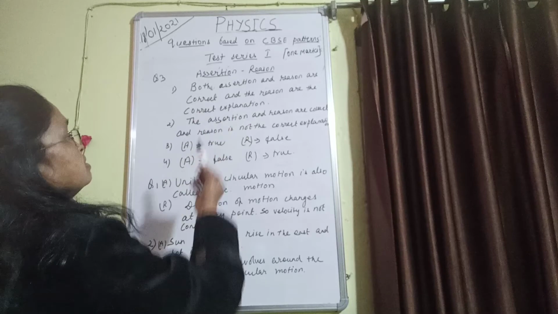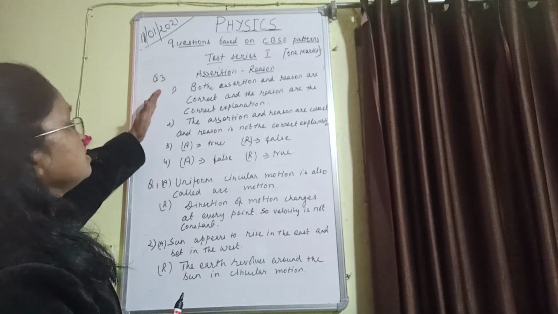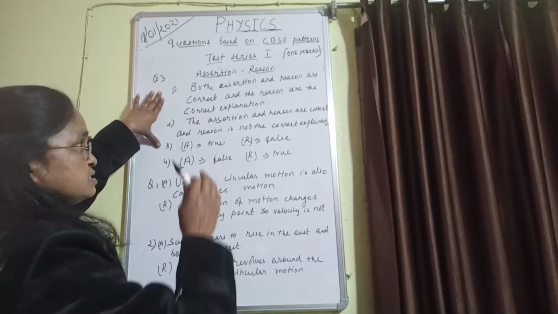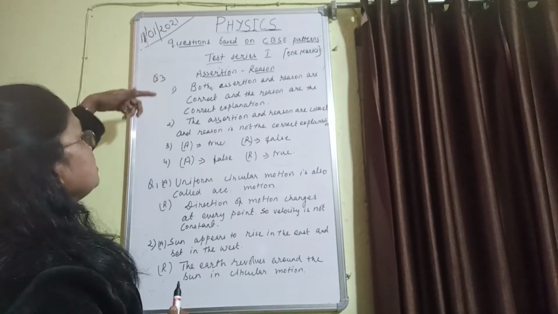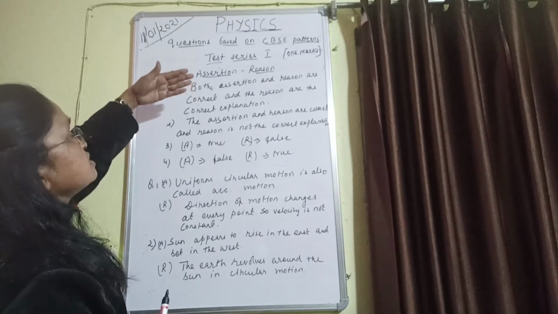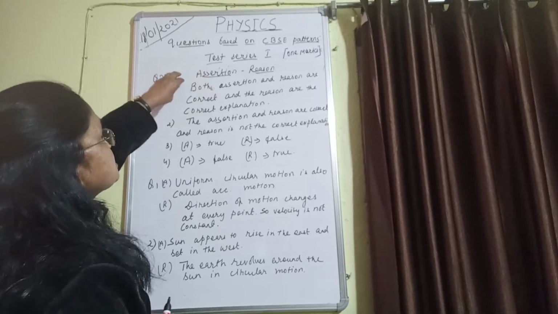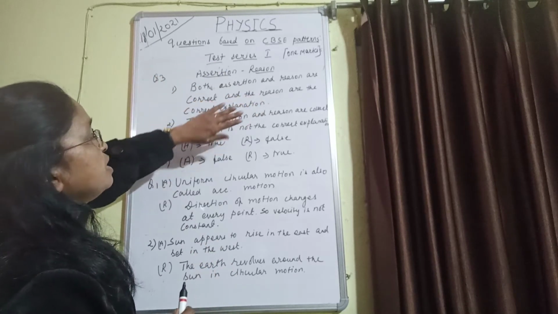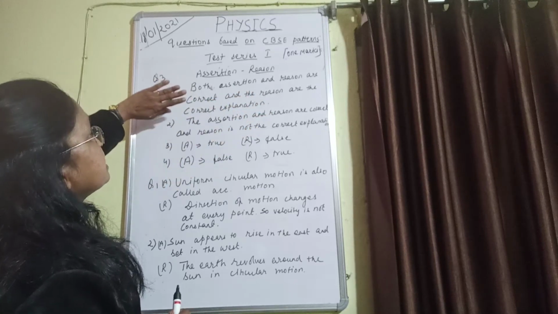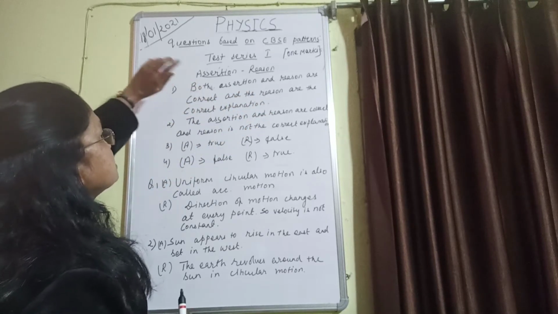Assertion reason. In assertion reason, 4 different parts are given, as I have discussed earlier also. Once again I am revising these 4 different parts. First, both assertion and reason are correct, and the reason is the correct explanation of assertion.